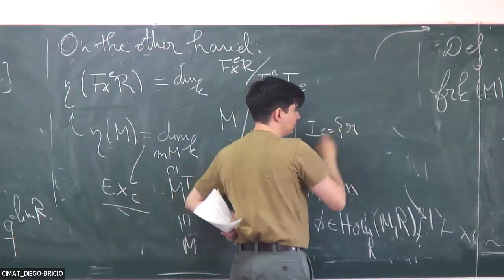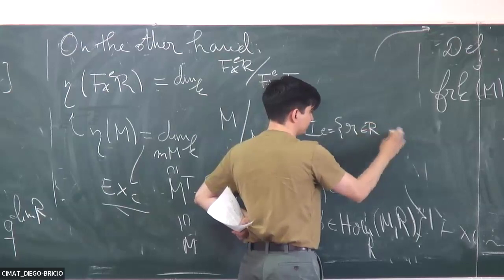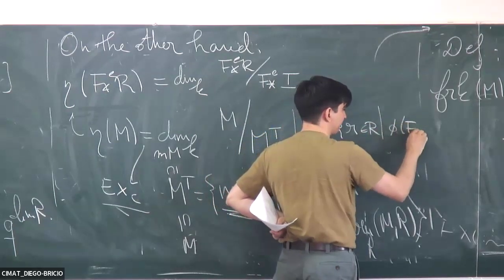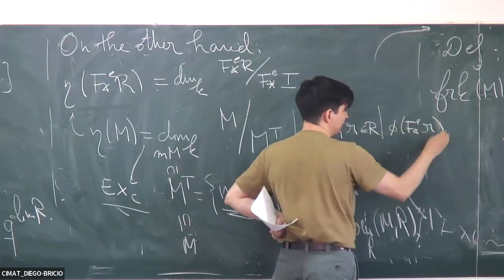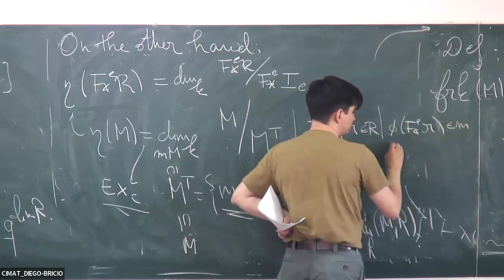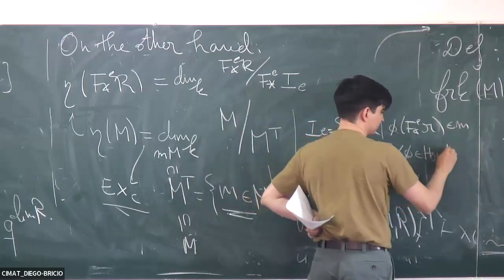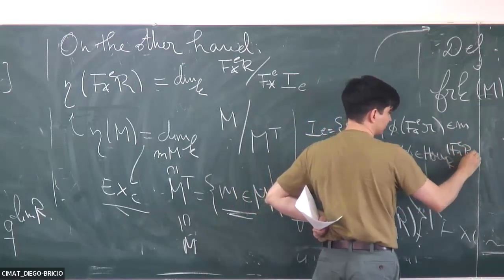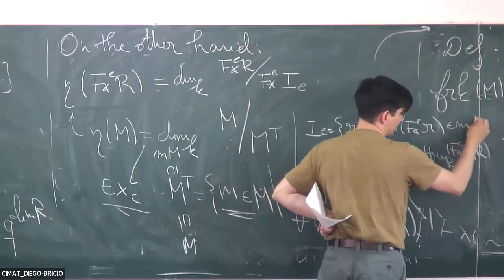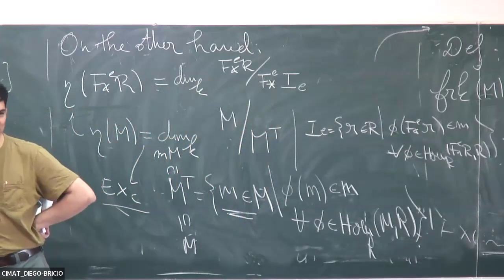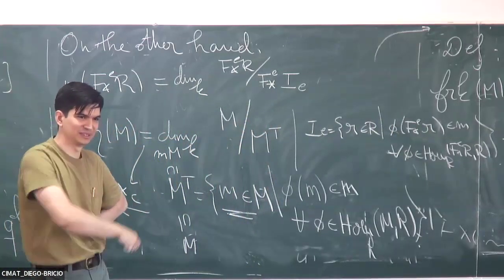These are the elements of R such that whenever I hit them by phi, they live in m for all phi in here. Probably I used some sort of transposition notation to denote this.